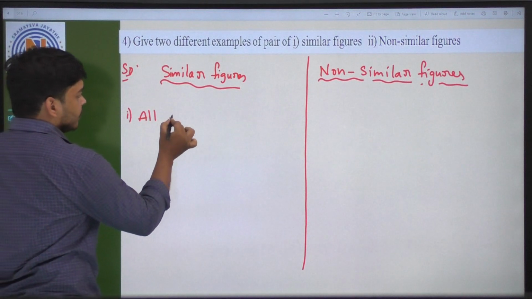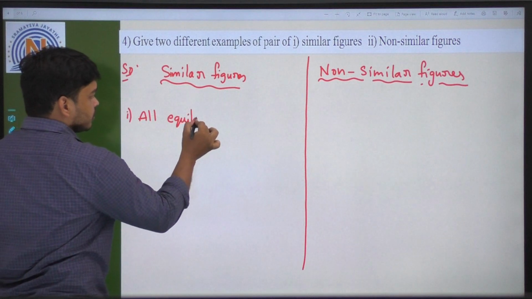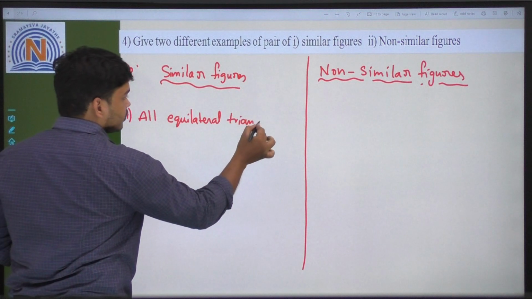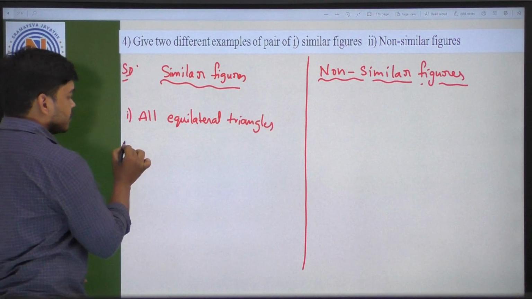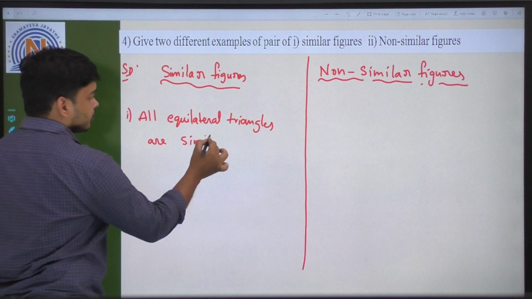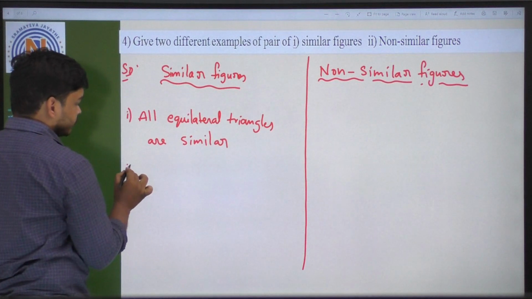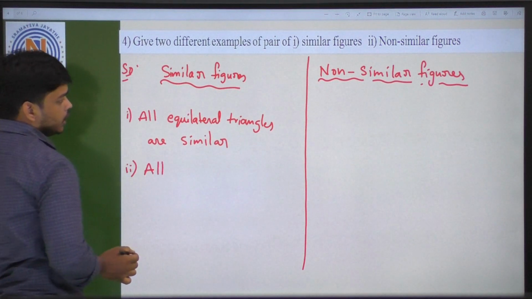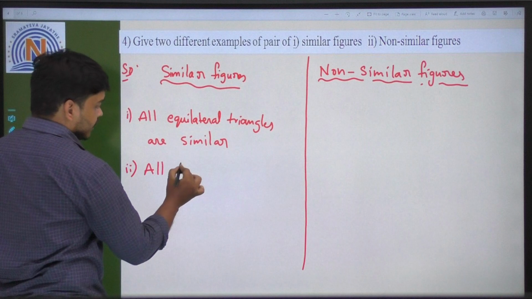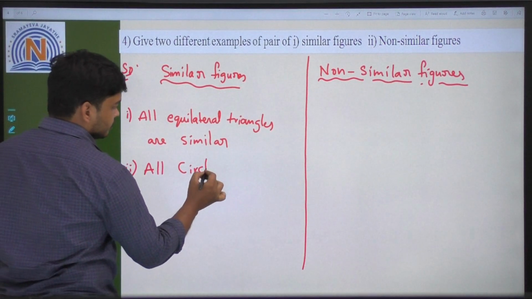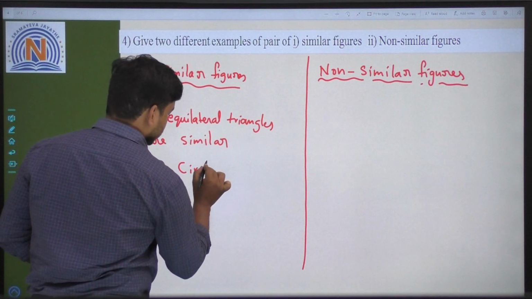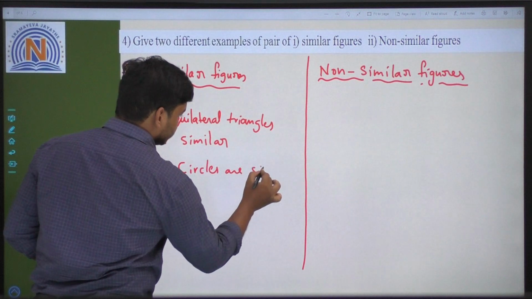All equilateral triangles are similar, and all circles are similar.